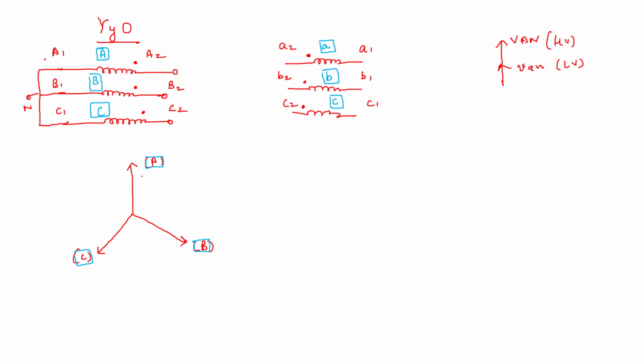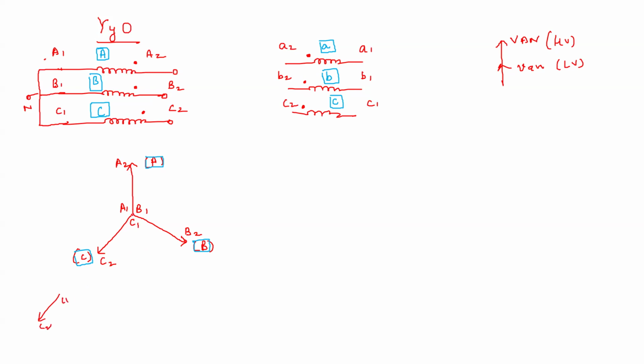Now here, because the terminals are accessible, and because we have shorted A1, B1, C1 here, this is the A vector. On this side I am writing A2 and on this side A1. On this side B2, on this side B1. On this side C2, and on this side C1.